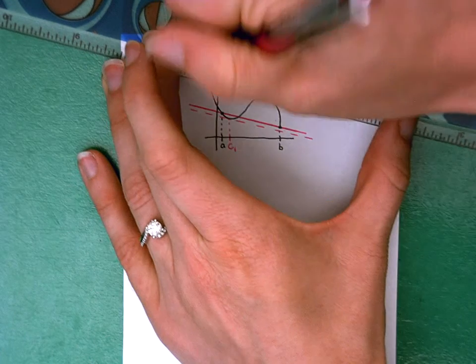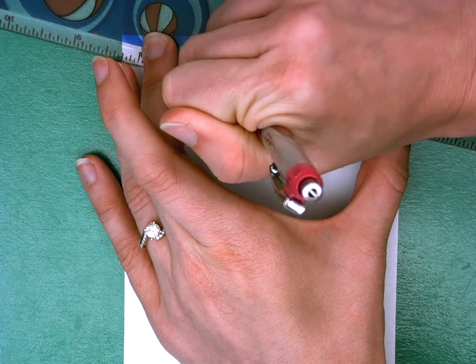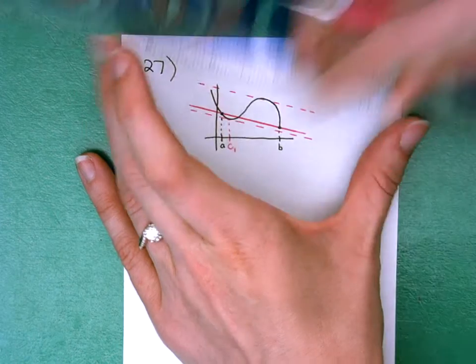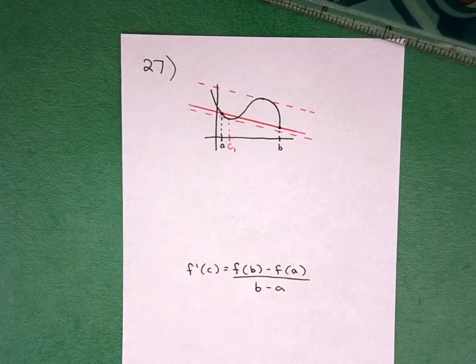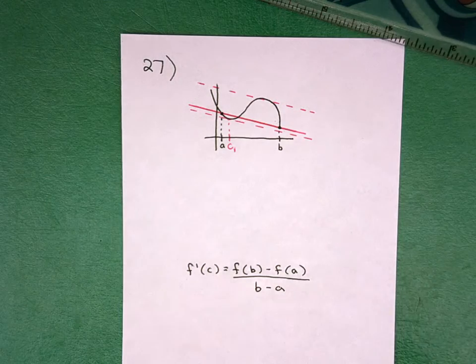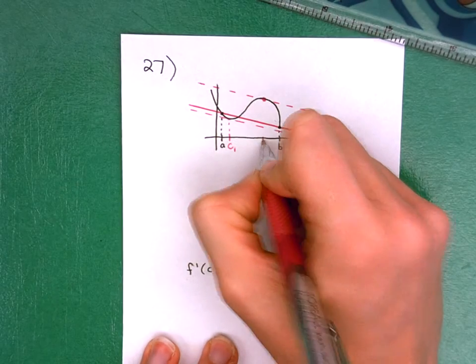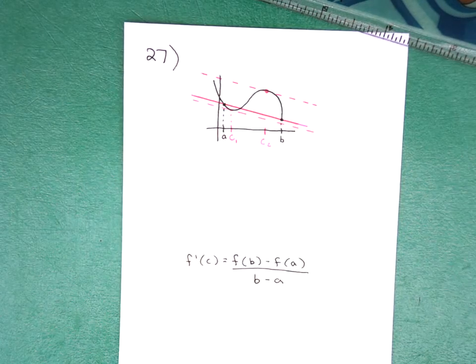So again, I'm going to go ahead and draw this in dotted so we can see the difference of our lines. Right there, that dotted line is parallel to the original line. And so where does it touch the graph? Where is it tangent? That would be my other C. Again, there doesn't have to be more than one, but there might be.